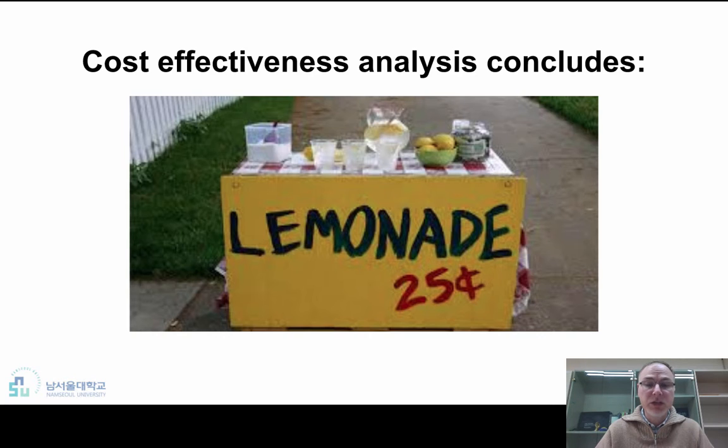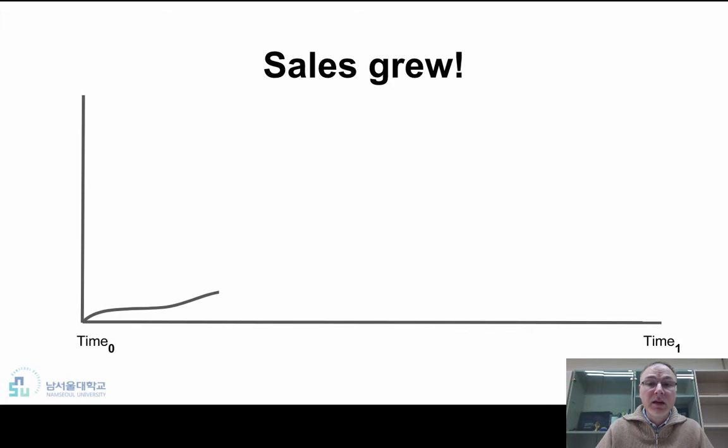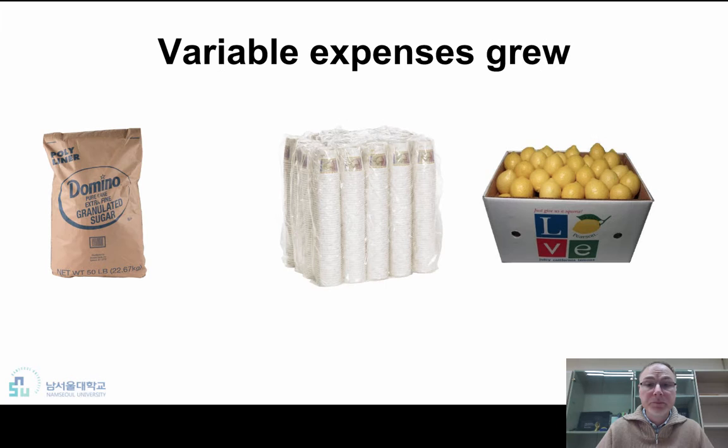It wasn't to create and launch a fancy lemonade stand, it was just a lemonade stand. So the cost-effectiveness analysis was conducted, and that eliminated the need to estimate benefits. And so Pat launched the lemonade stand. With the first stand, over time, Pat sold some lemonade and there was some growth.